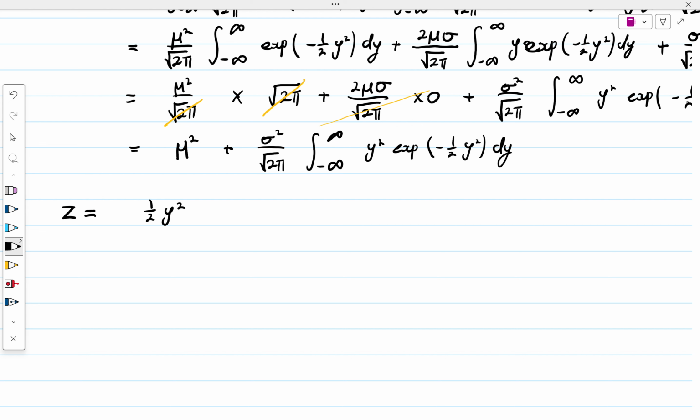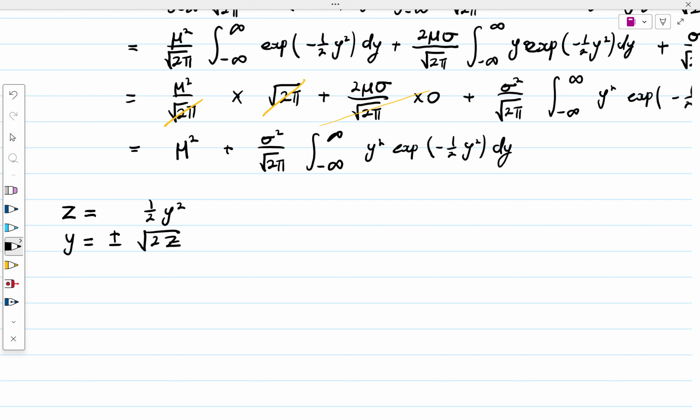This implies a few things. The first thing it implies is that y is equal to, if we rearrange the equation, the square root of 2z. And you might be saying it's going to be plus minus the square root of 2z. And you would be right.